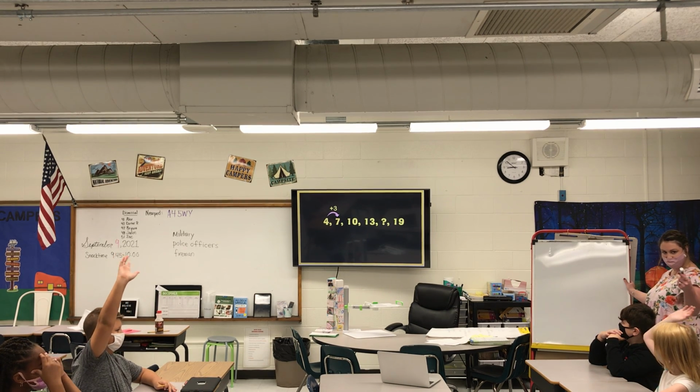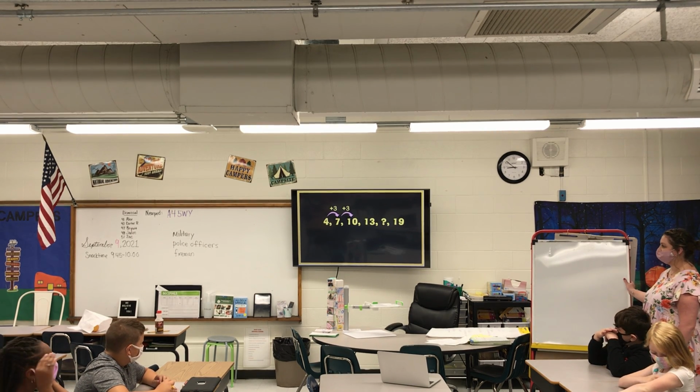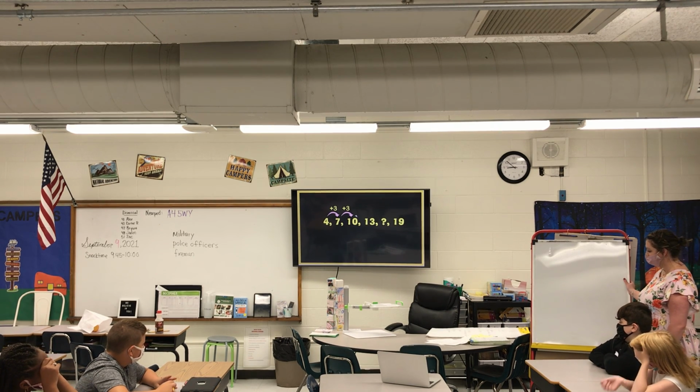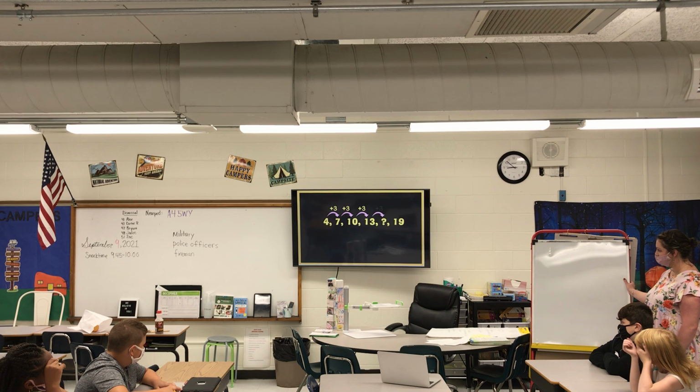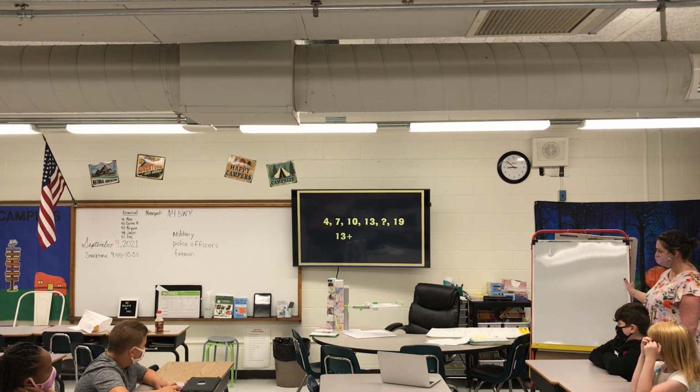Now, what do you do to 7 to get to 10? We will add 3 to 7 to get to 10. So, the rule is to add 3. Keep adding 3 to the numbers to find the missing number. So, the missing number will be 13 plus 3 equal to 16.